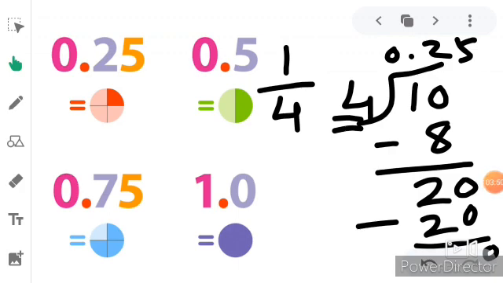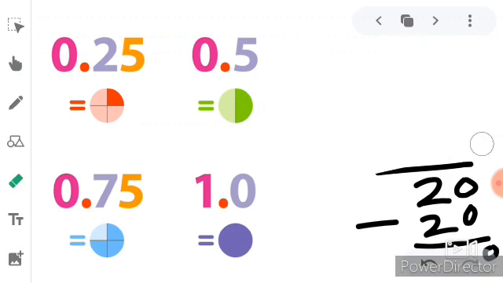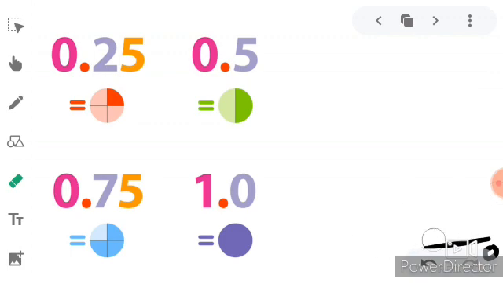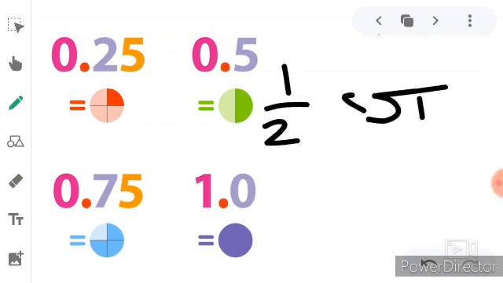Now the next one, that is half. How can we write half in decimal form? We can write half in decimal form as 0.5. Let's check it. Half means 1 upon 2, so divide 1 by 2.